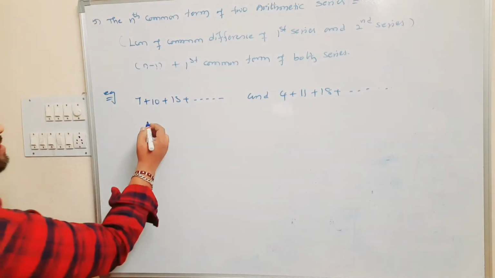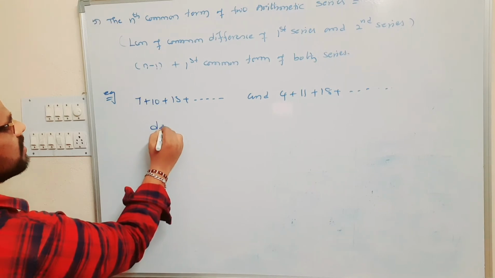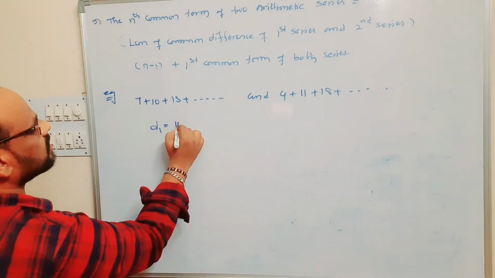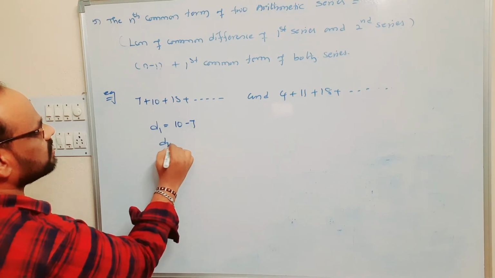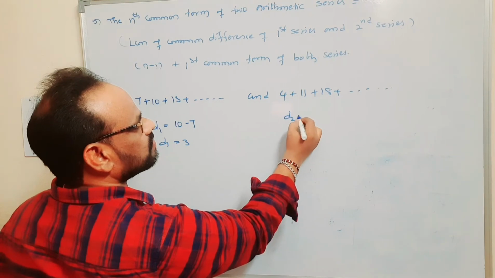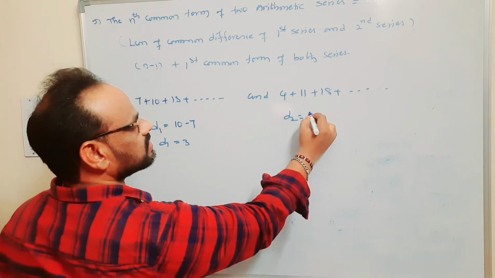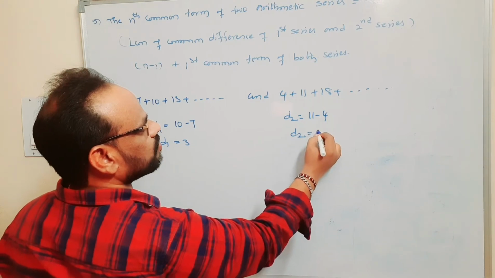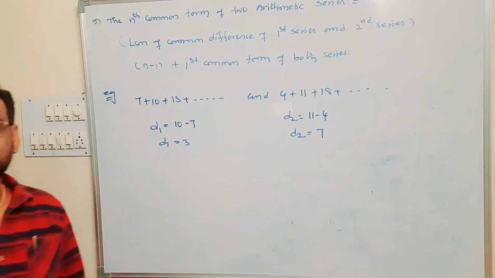Here the common difference d1 is equal to t2 minus t1, which is 10 minus 7, that is d1 is equal to 3. Here the common difference d2 is equal to t2 minus t1, that is 11 minus 4, so d2 is equal to 7.